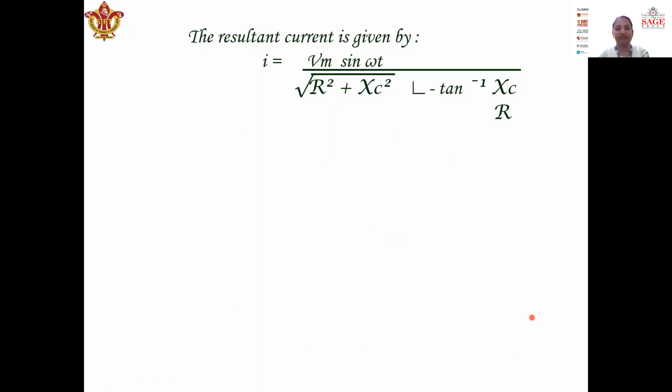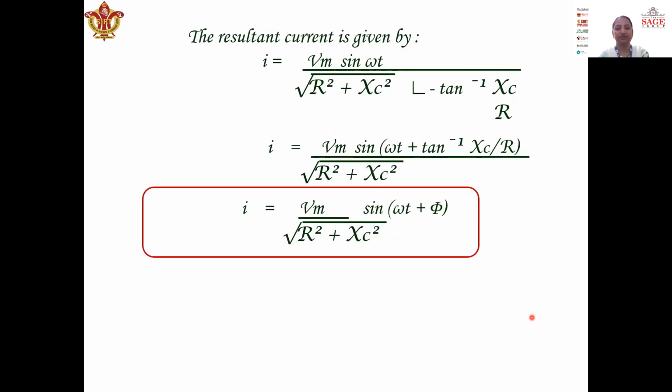So let's discuss the power now. The resultant current has been given like this. So we can write it like this only. If this angle tan inverse XC by R is shifted up to the numerator side, we will be having sine of omega t plus tan inverse XC by R. So this tan inverse XC by R can be better written as phi.